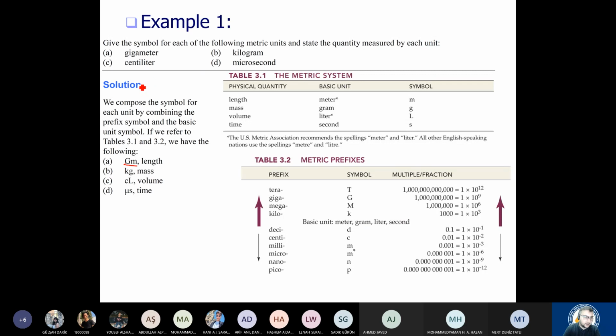Kilo is shown by k and gram is g, so kg. It is the unit of mass. Similarly, centiliter. Centi is shown by c, liter is L, so cL, and it is for volume. And microsecond, micro is mu, and second, for time. So this is the unit of time.